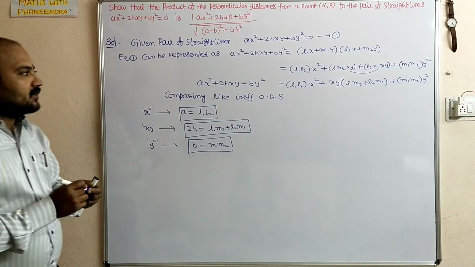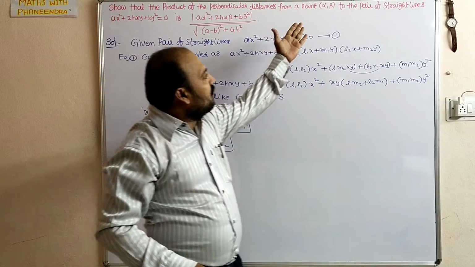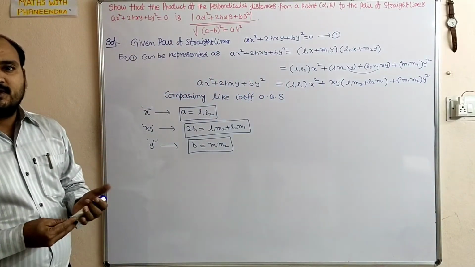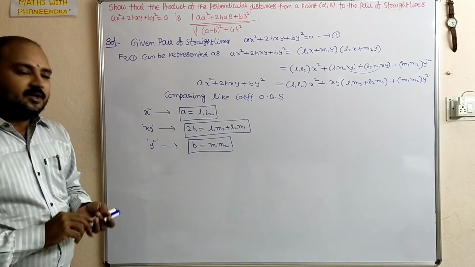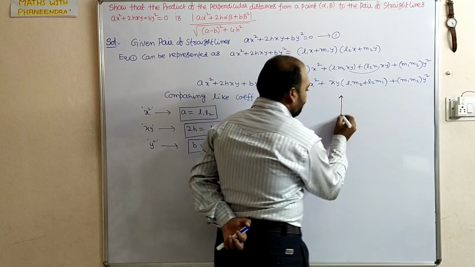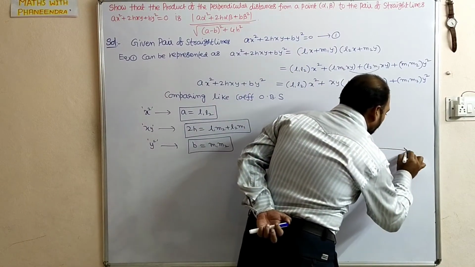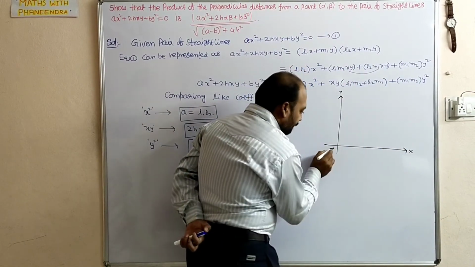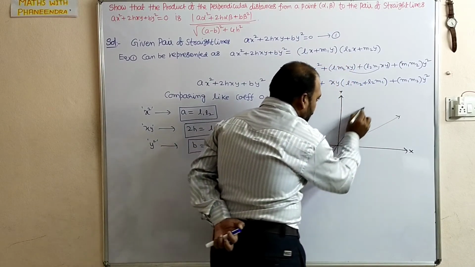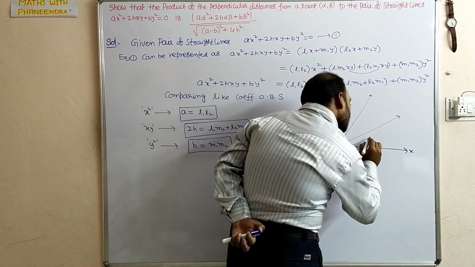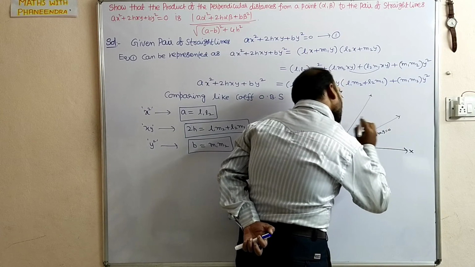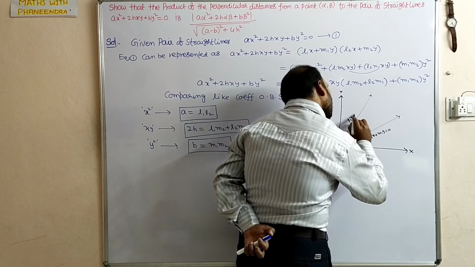So after that, from the point alpha comma beta, finding the perpendicular distances. After that we have to do the product. The figure based on this, just I will explain this. These are the pair of lines. This is L1x plus M1y equal to 0, one line. This is L2x plus M2y equal to 0.